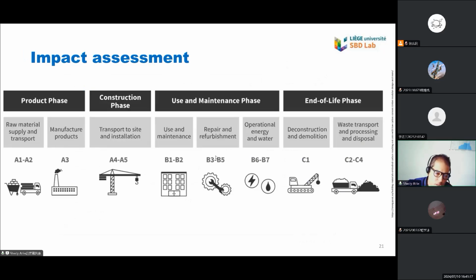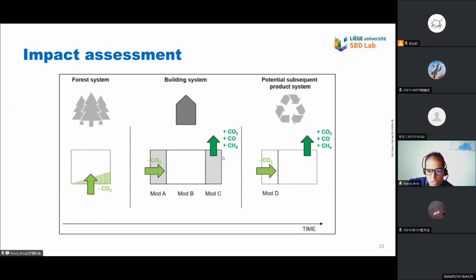We burn the timber. Actually, we keep cascading or downcycling the timber materials or the bio-based materials. And as a consequence, we discover that we are re-emitting CO2, carbon monoxide and methane because we burn the timber at the end of the life stage.